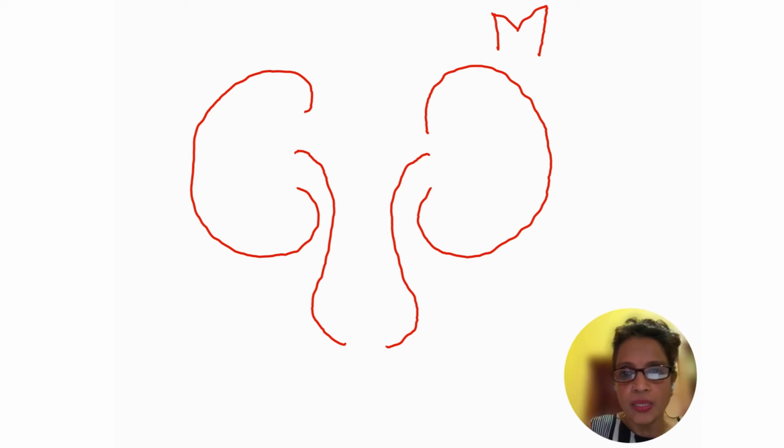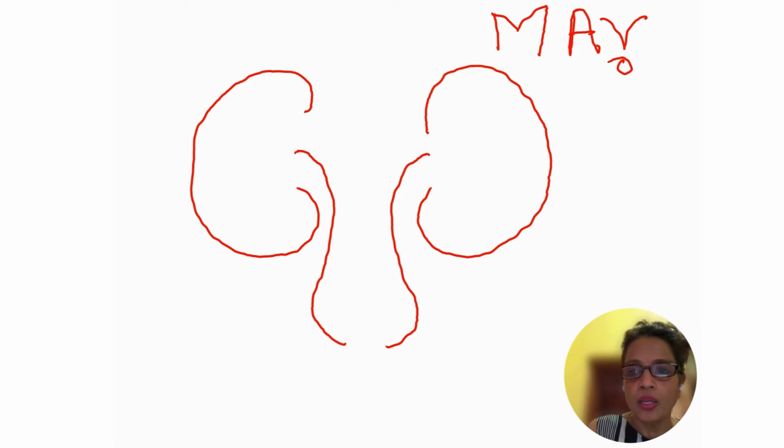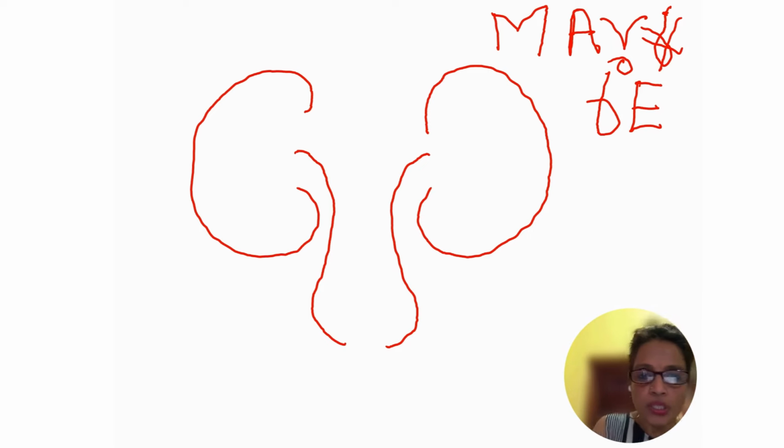First letter is M. Then you have to show A and an inverted I and an inverted P, this is P, and then a letter E. Now how do we do this?